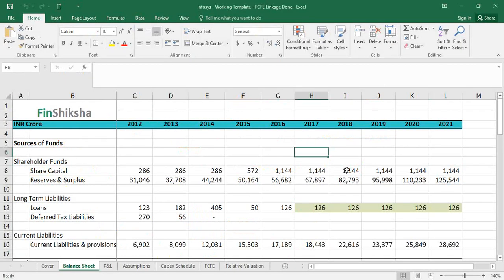Within our model, if you remember, we had the value of share capital and reserves and surplus. I can look at the value of share capital and reserves and surplus at this point of time, which is 1144 and 56682. Or even if I'm assuming that I'm in between these 2 years, I can try and find out what is the value at this point of time based on these numbers, right?